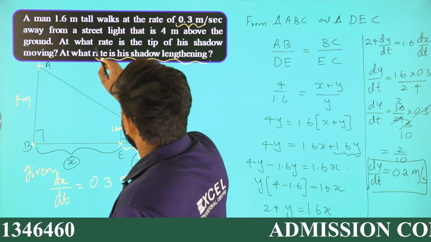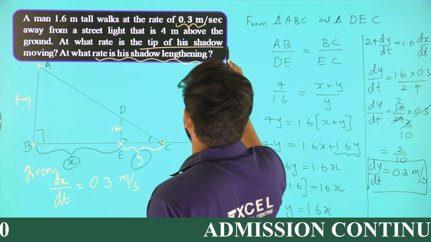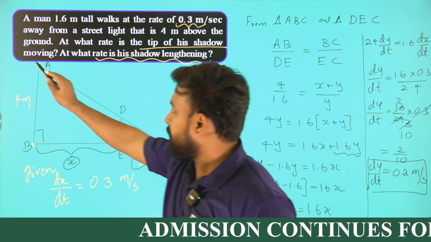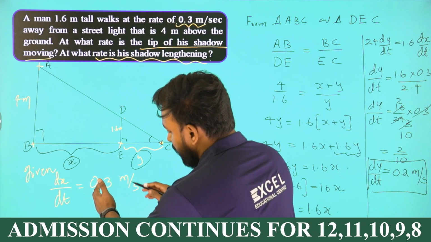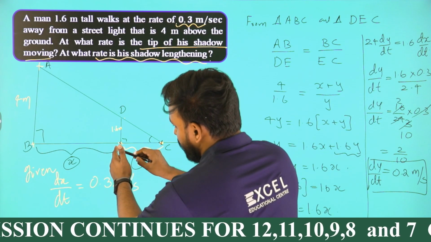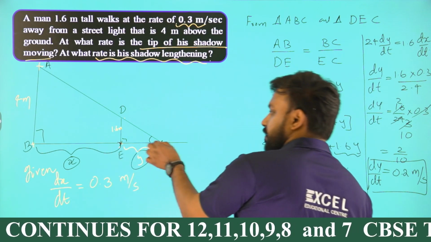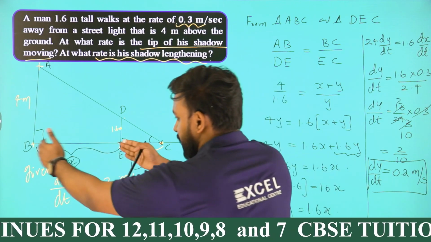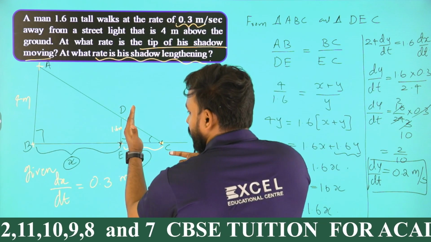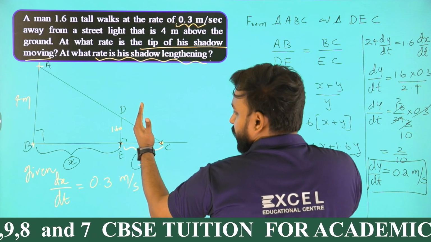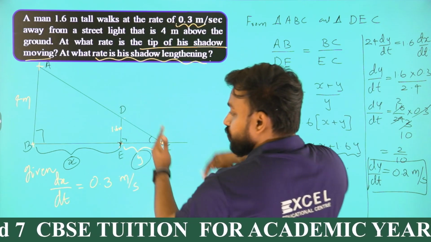What is the question? At what rate is the tip of his shadow moving? Tip of his shadow. Listen, what is 0.3 meter per second? The speed of this point. He is moving in this way. That means change in x. So if we move like this, the shadow is also moving. So x is changing, y is also changing.